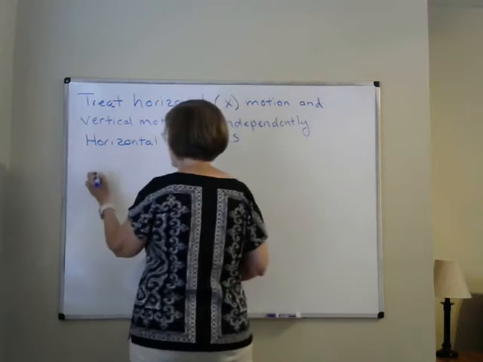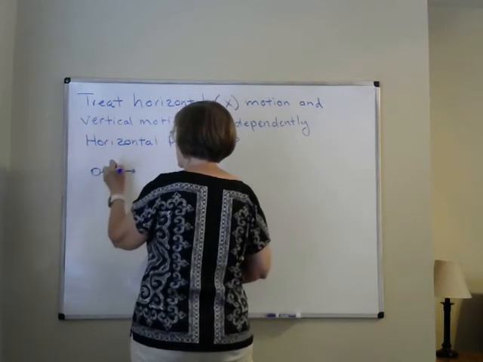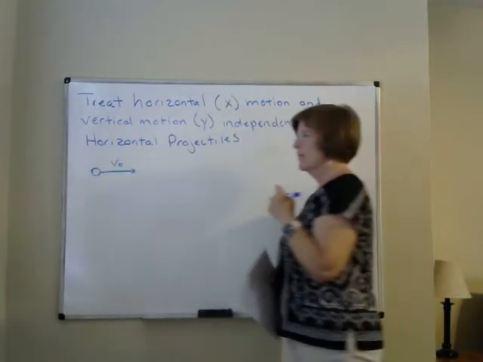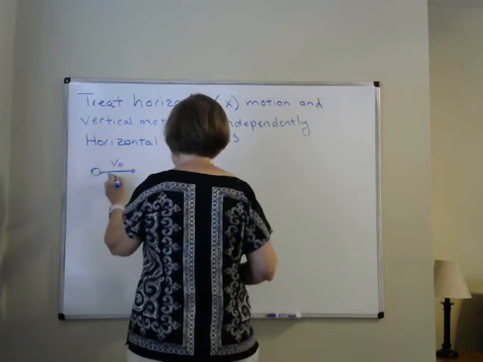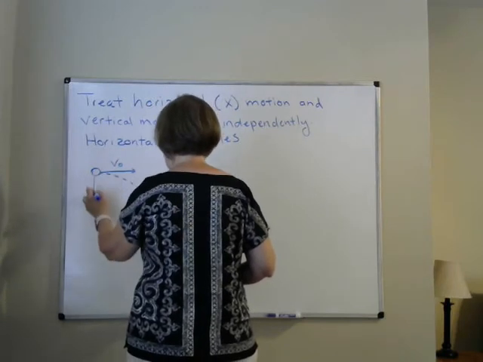So we can picture a ball, it starts off with an initial velocity that's horizontal. But of course, as soon as we launch it, gravity kicks in and it's going to accelerate down and have a path that looks something like this.